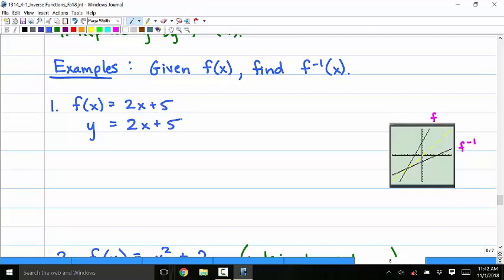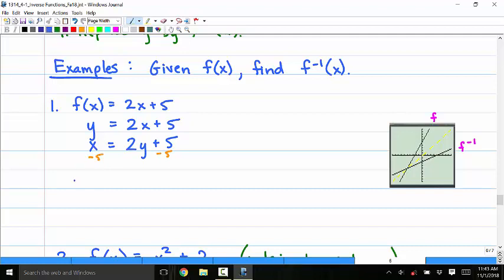What was the next step? Switch x's and y's. Anywhere you see a y, write an x. Anywhere you see an x, write a y. Now go solve for y. How? Subtract 5 from both sides.